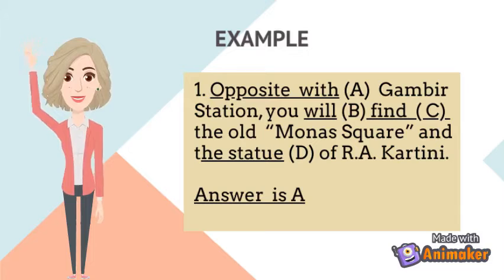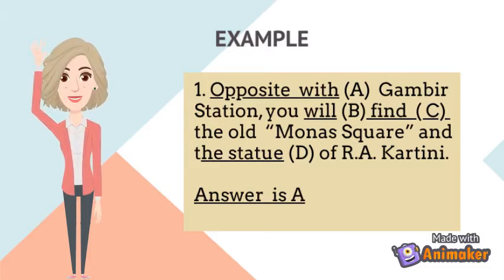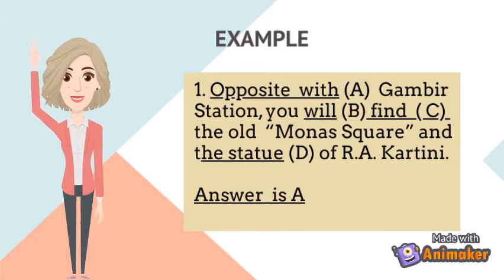So, from the underlined words, one of them is an error. So we have to find out where the error is. Do you know where the error is? The answer is A, opposite with. Why?